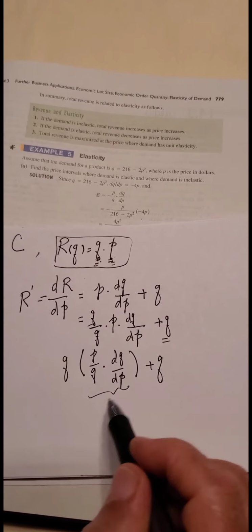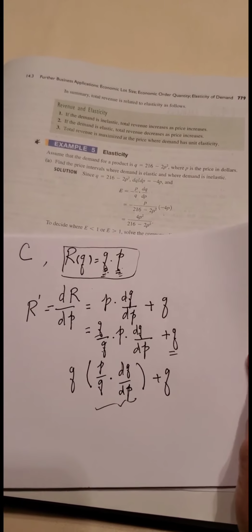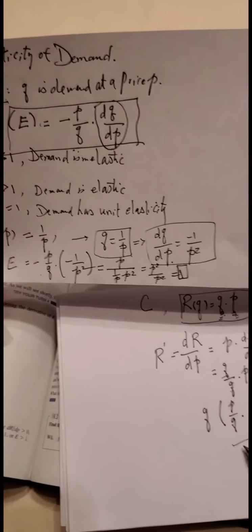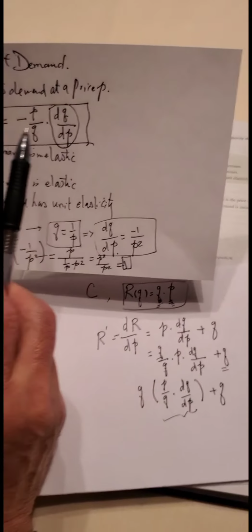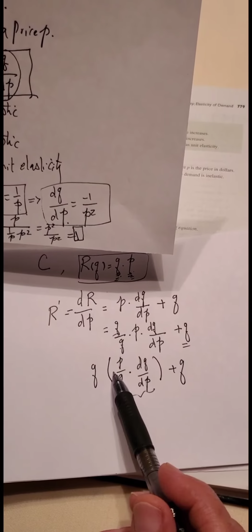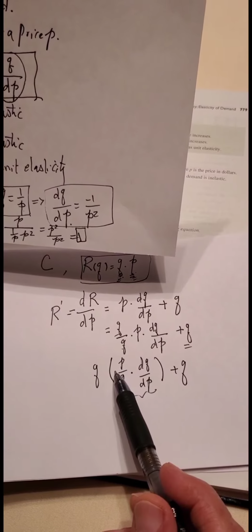But this, we already know from the definition. From the definition, that is equal to minus E. Because if you had a negative here inside the parentheses, that's exactly E, elasticity.